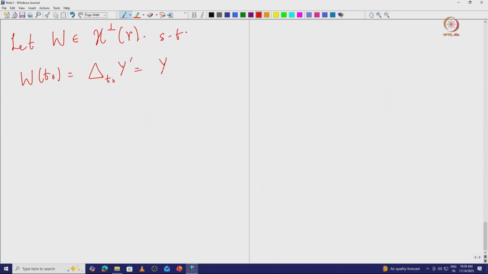That is just y prime of t naught from the right minus y prime of t naught from the left. But by the definition of y, this is simply minus J prime of t naught from the right.